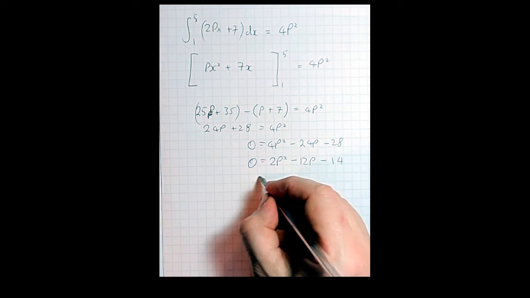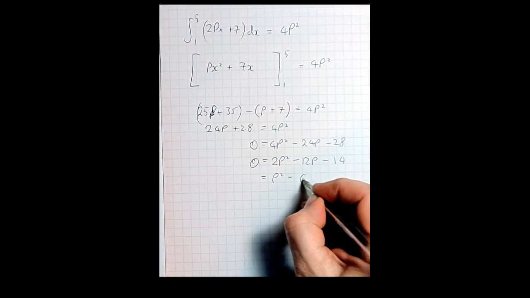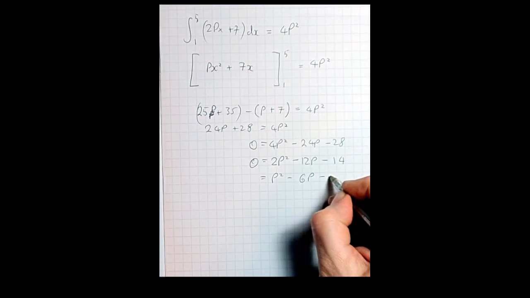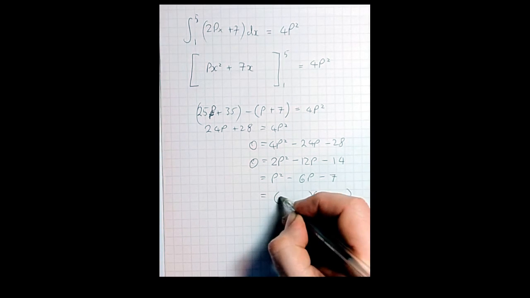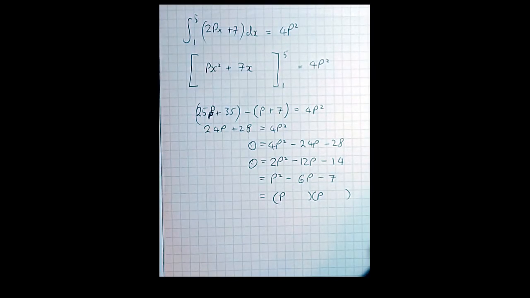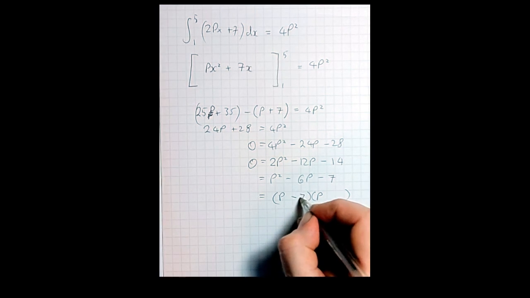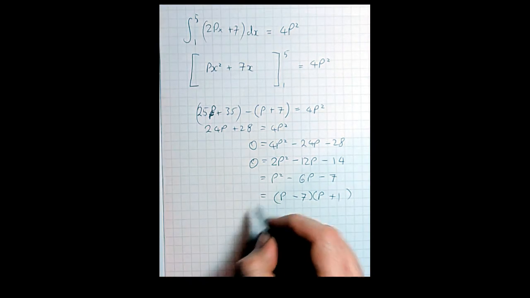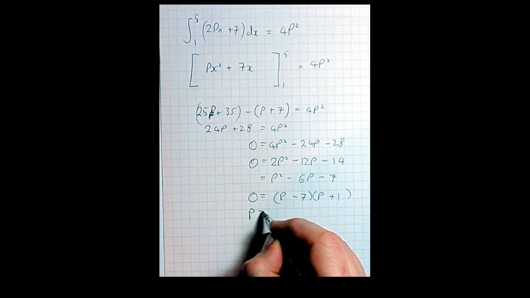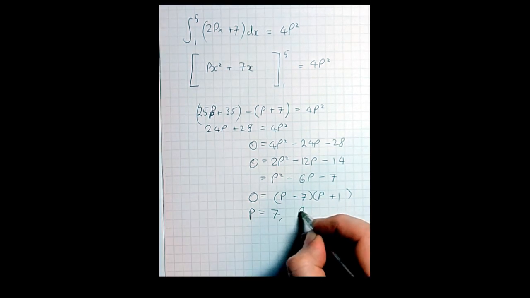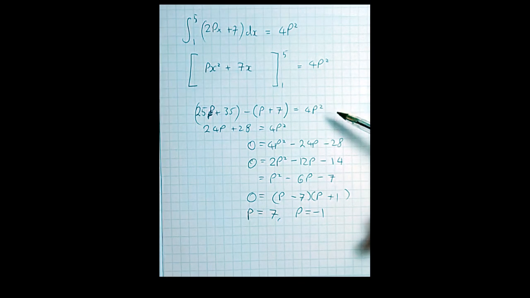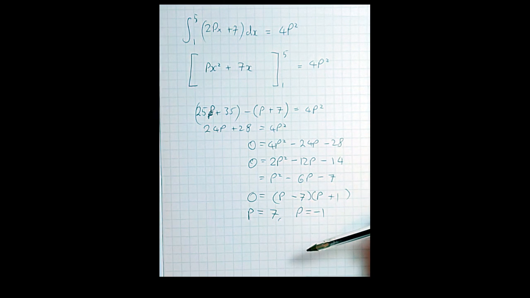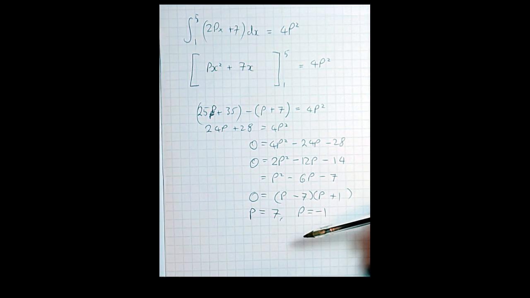In fact, I can go again. P squared minus 6p minus 7. Oh, that looks like it will factorise. I'm guessing it's 7 and 1, so let's do that. So that equals 0, therefore p equals 7. P equals minus 1. Now the question says something like, show that p has two values and find them. Done.